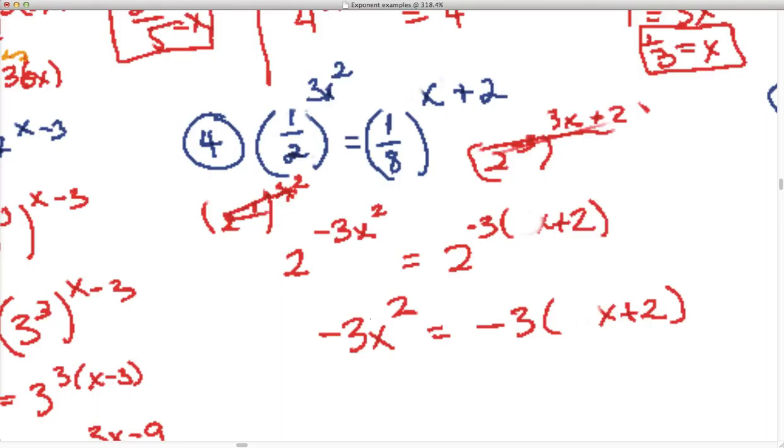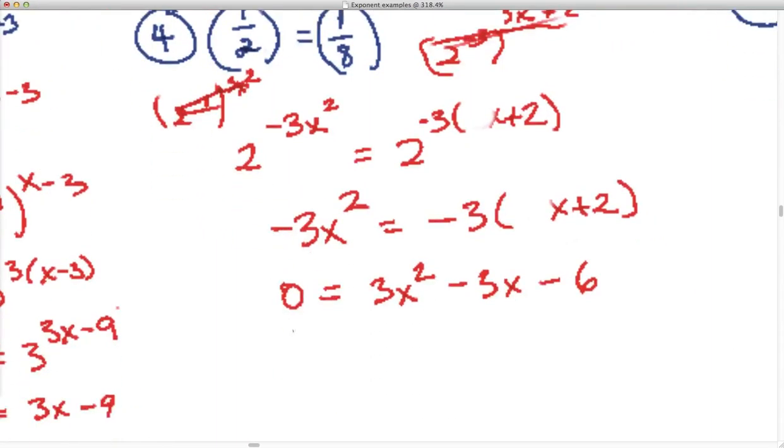So if you bring all of it to one side, you're going to get 0 equals 3x squared minus 3x minus 6. You can factor out a 3 from there. Then you'll be left with x squared minus x minus 2.